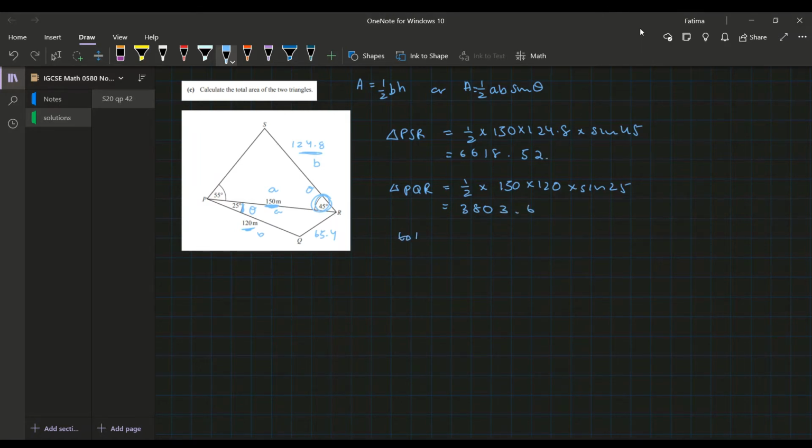So the total area would be the sum of both of them, and that is about 10423.8. And because this is our paper 4, you'd be expected to round your final answers to at least 3 significant figures. Rounding this answer to 3 significant figures would give you 10400. And that is it for this question.